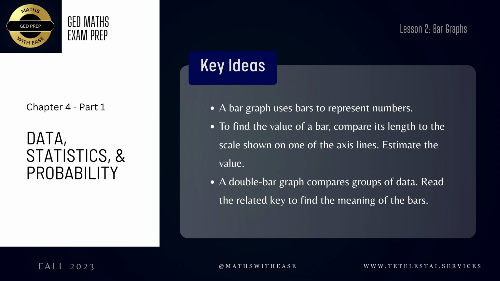So what the bar is representing. So if, for example, in the previous scenario we saw with the books being borrowed from the library, one axis would show the number of books, and then the other axis would show the North Library, the South Library, West Library, what have you. Okay, so by comparing the length of a bar to the scale, you can then estimate what value the bar represents.